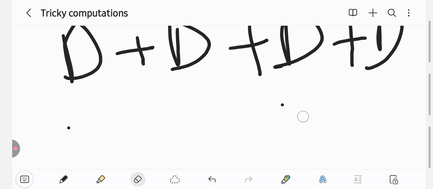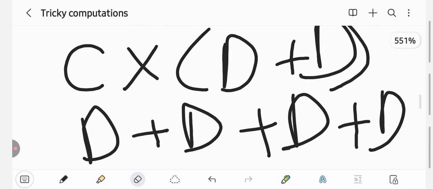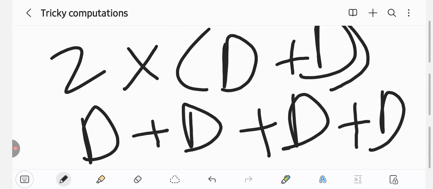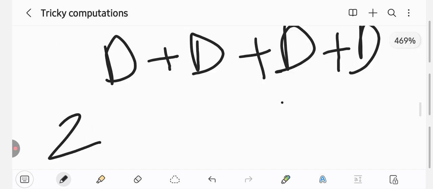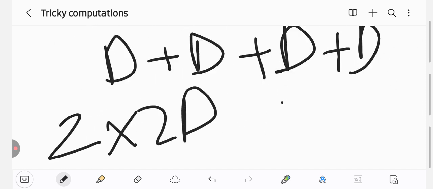Now if we group the terms, instead of c let's take 2. Now we can see 2 times d plus d. You can say I'm so dumb, you can write it as 2 times 2d, because 2d literally means d plus d, and you just multiply the numbers. But let's try to understand it fundamentally. It means c plus c multiplied with d plus d.